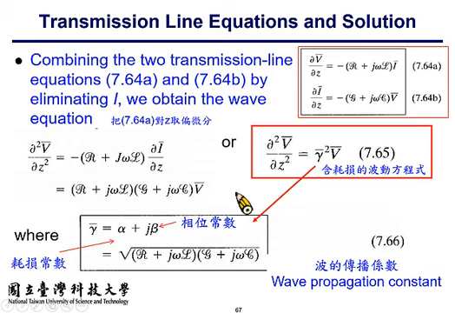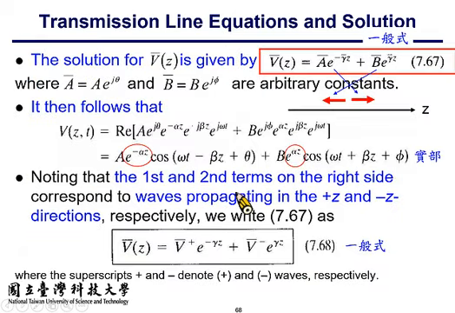Alright, so equation 7.66, the box down below, is the propagation constant of the wave in a lossy transmission line. The first one, alpha, is the attenuation constant. The second, beta, is the phase constant，相位常数。And with the help of the propagation constant, the general formula of the solution of the voltage signal within the transmission line can be written as 7.67.